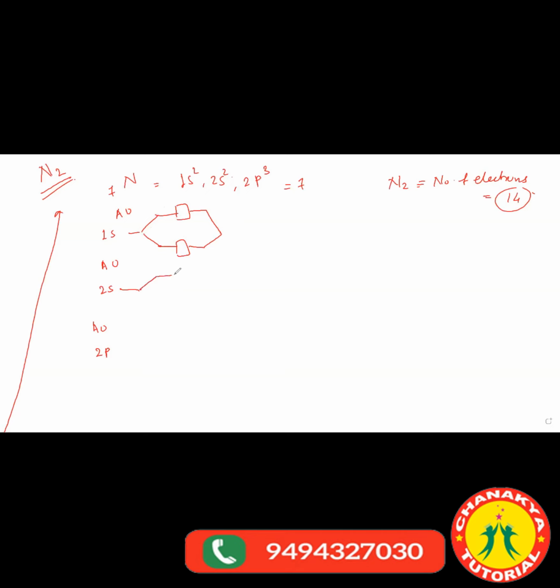For the 2s also, here is a molecular orbital, here also a molecular orbital. And for 2p, it would be the same way: two molecular orbitals with the same energy, and here only one.